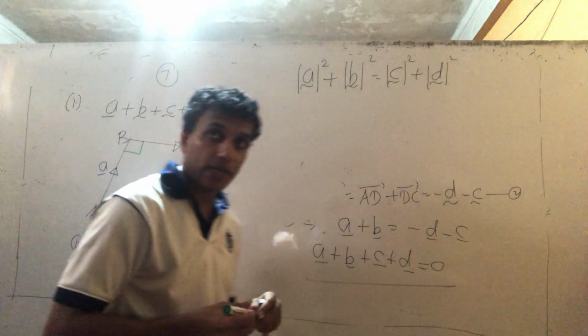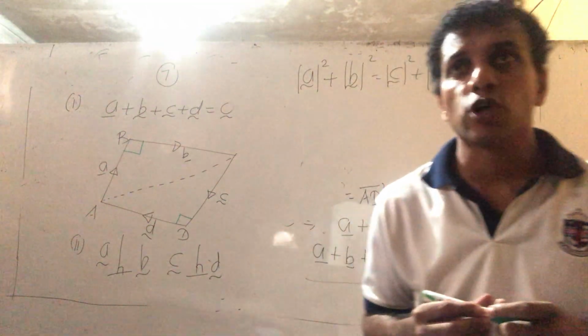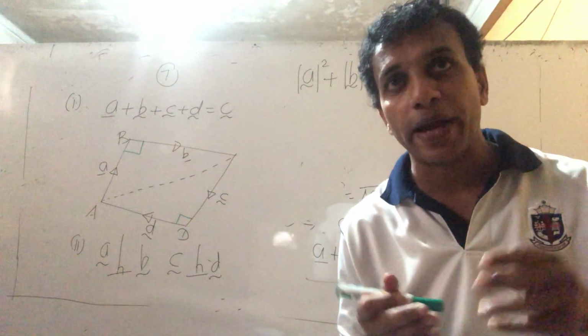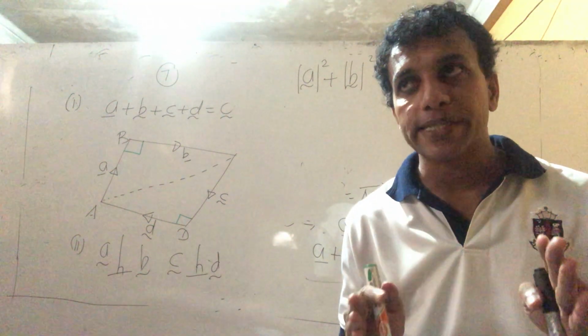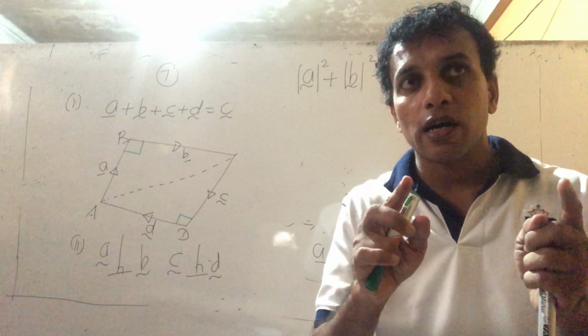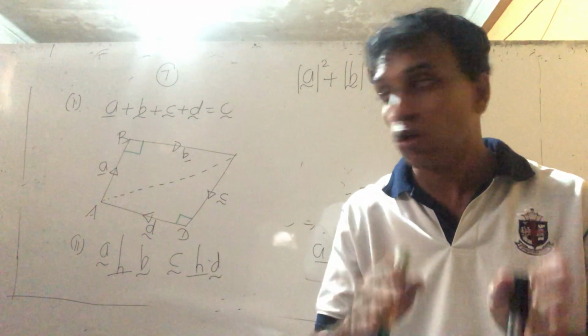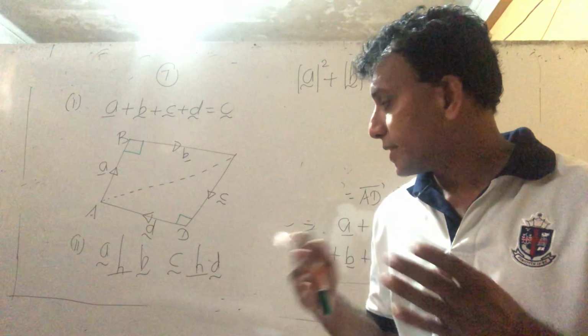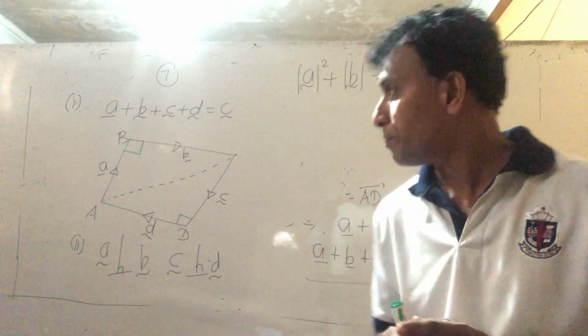Then you know the idea of the dot product: if two vectors are perpendicular to each other, their scalar product is 0. A dot B is 0 and C dot D is also 0.